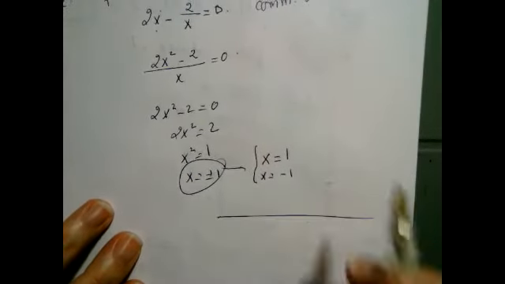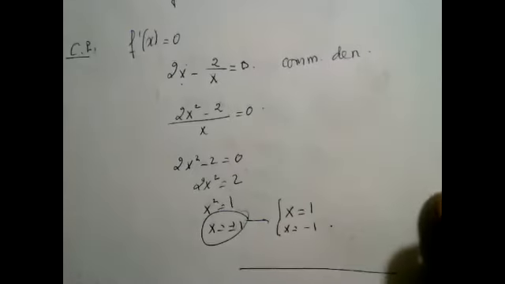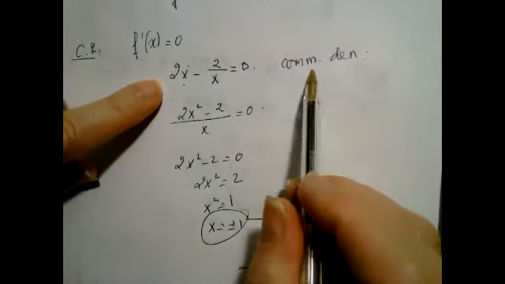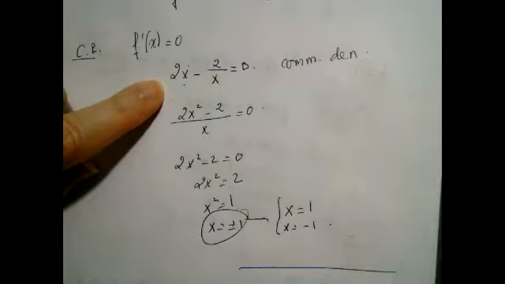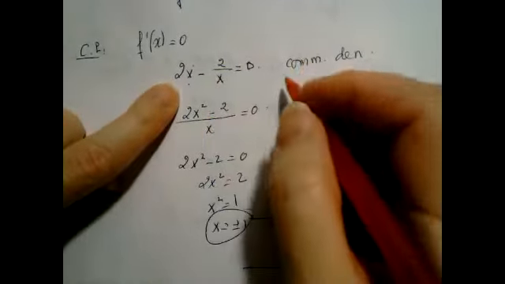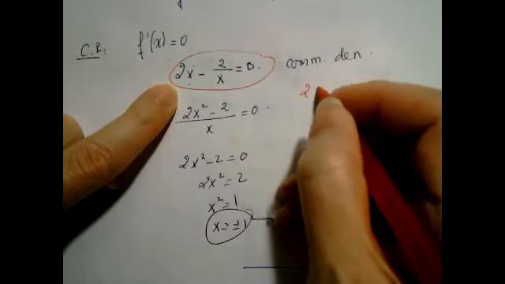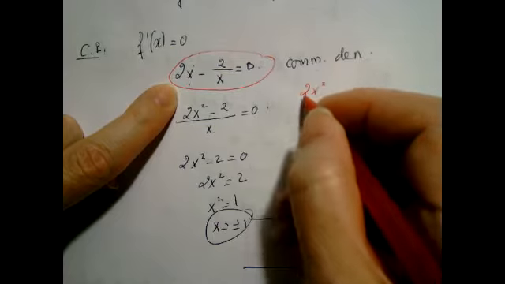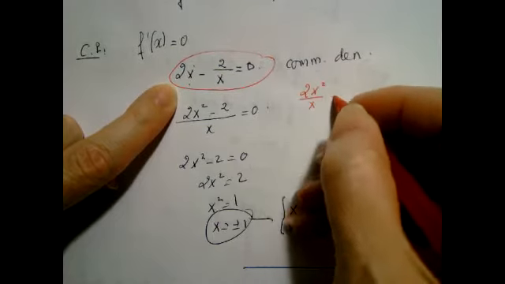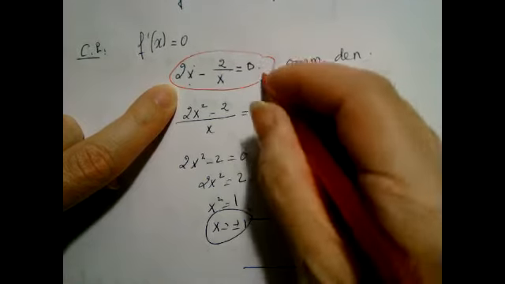But as I said a minute ago, how did you get that? All right, good. I found a common denominator, okay? So let me explain. What's the common denominator? It's x. It means 2x squared over x minus 2 over x equal to 0.